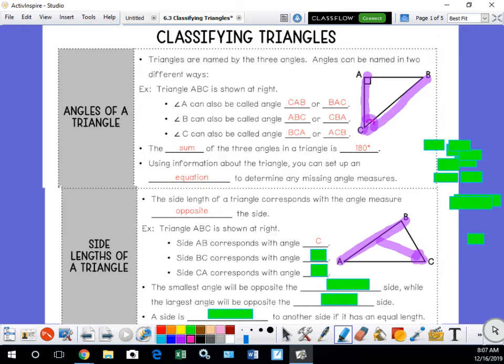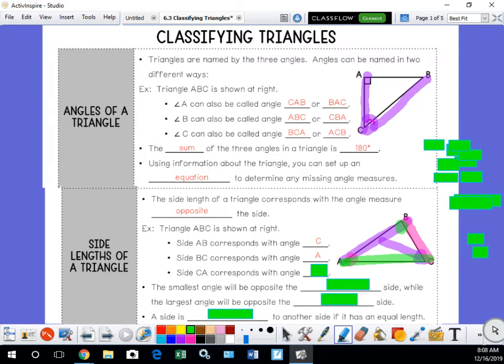The side length of BC is going to correspond with the angle across from it, so that is angle A. And the side length of CA right here is going to correspond with the angle across from it.